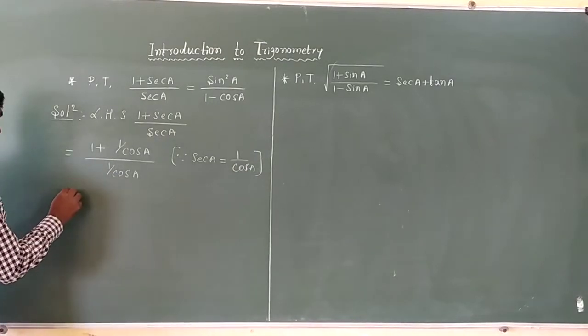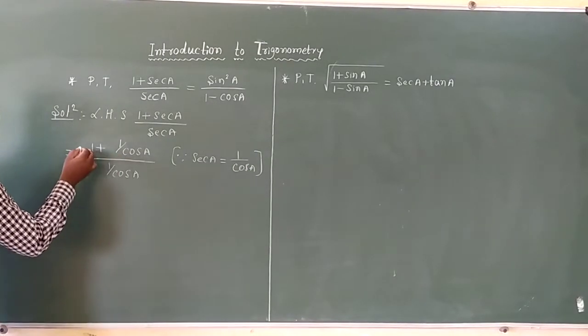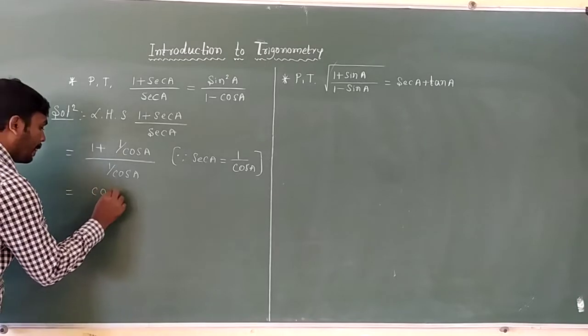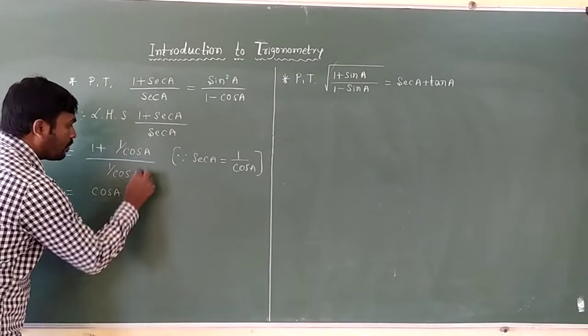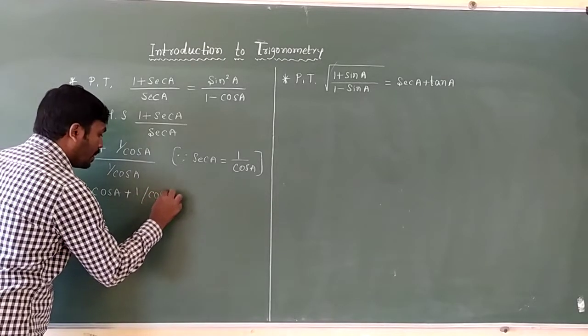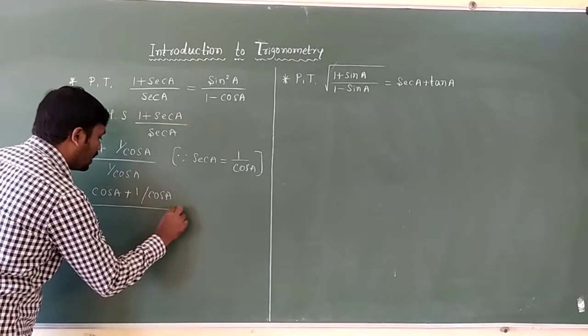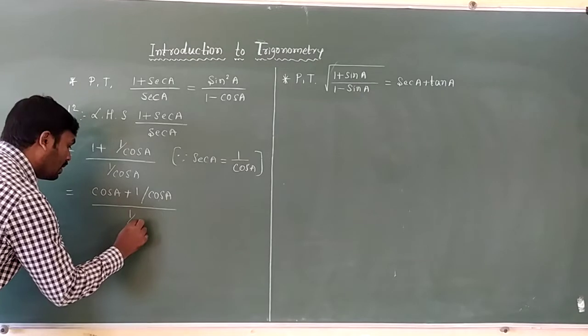Simplify this again. We will get cos a into 1 is cos a plus 1, whole divided by cos a, again divided by 1 by cos a.